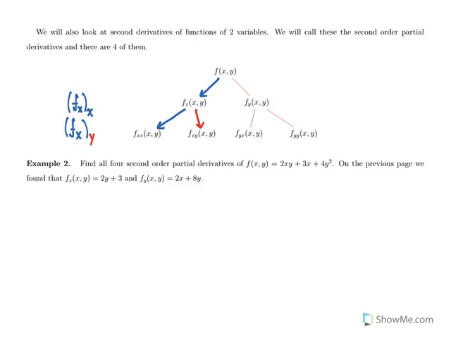And of course, at the very beginning, we could have taken the derivative with respect to y as well. And again, we could have taken the derivative with respect to y again. So that would be our partial f sub y y. Or we had the choice of taking the derivative with respect to x, which would have given us f sub y x.